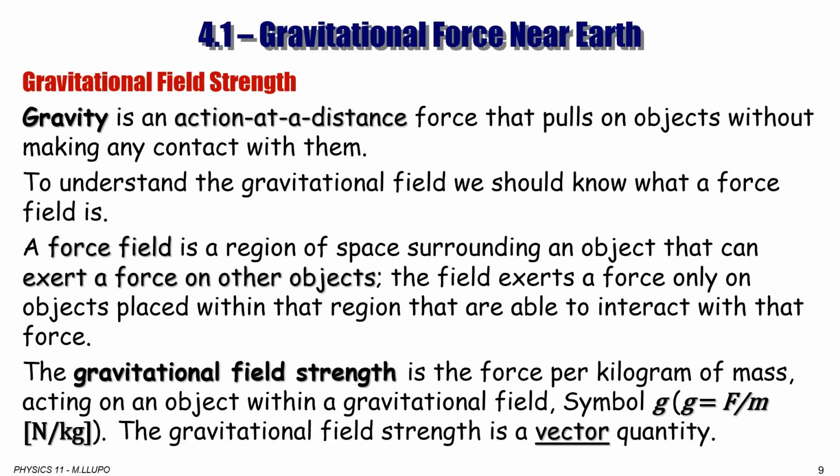The symbol is the same as gravitational acceleration, g, and the value is the same, but the unit is slightly different, although we did use it in sections 3.3, 3.4, 3.5 of a previous chapter. The gravitational field strength is a vector quantity, as acceleration is.